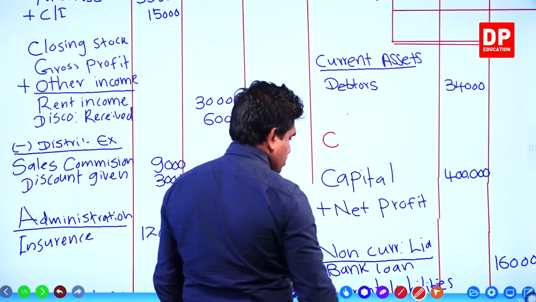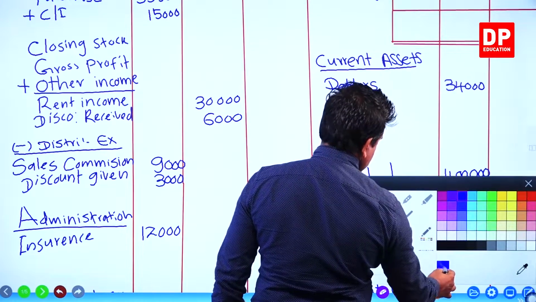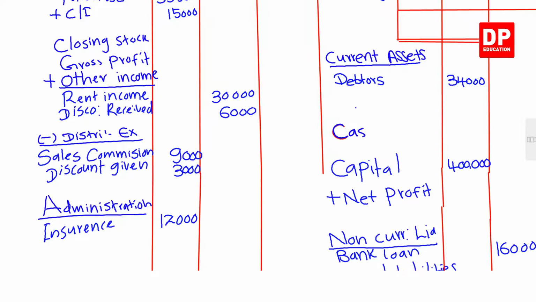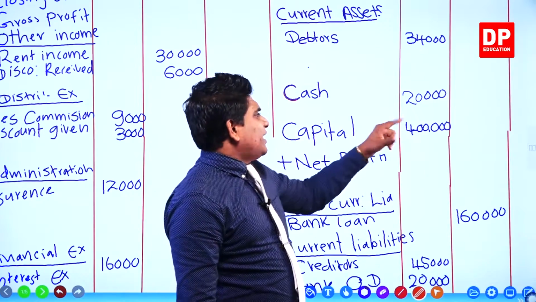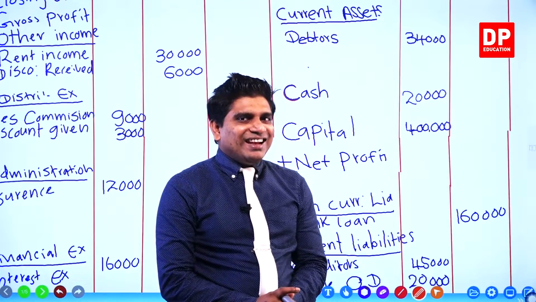Cash in hand means cash. Everyone look here. Cash 20,000. Is it correct? Check it again.